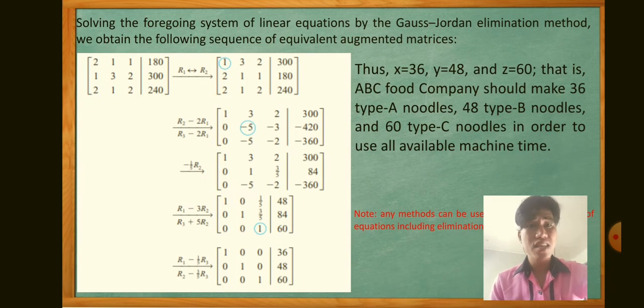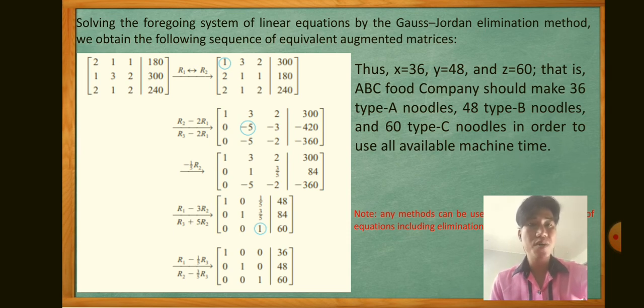Solving the foregoing system of linear equations using the Gauss-Jordan elimination method, we obtain the following sequence of equivalent augmented matrices. In the first row we have 2, 1, 1, then 1, 3, 2, then 2, 1, 2, with 180, 300, and 240.